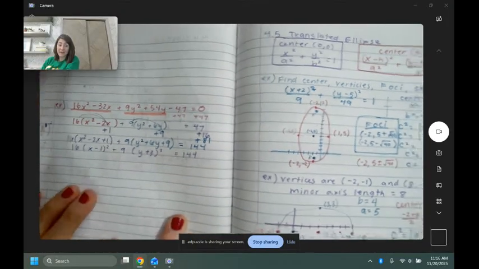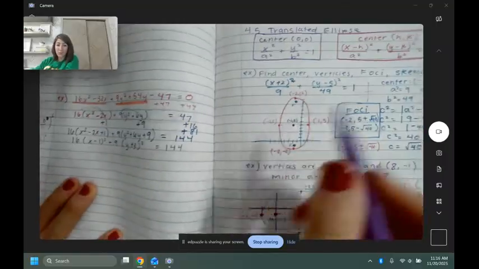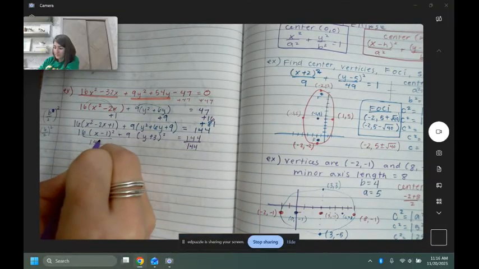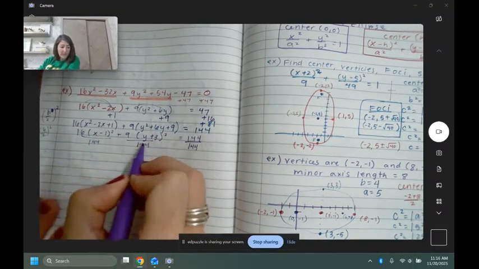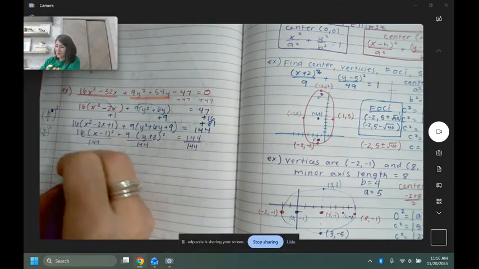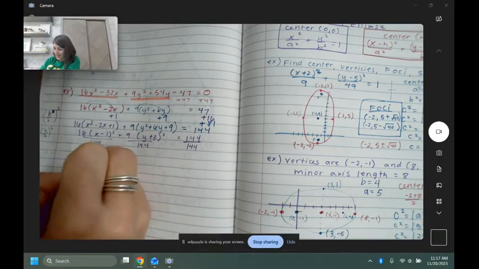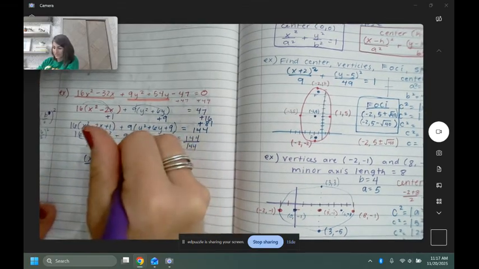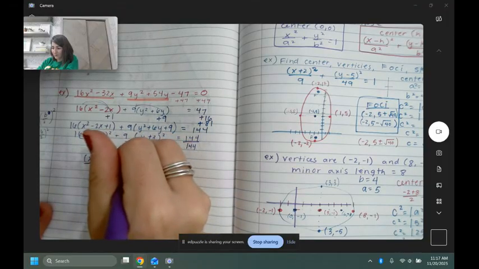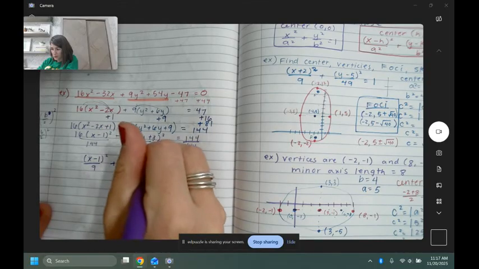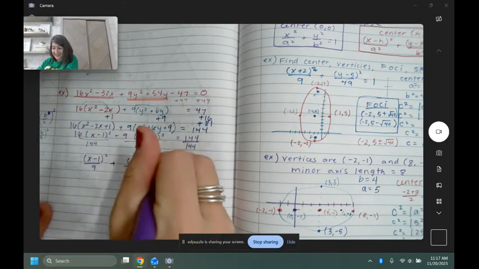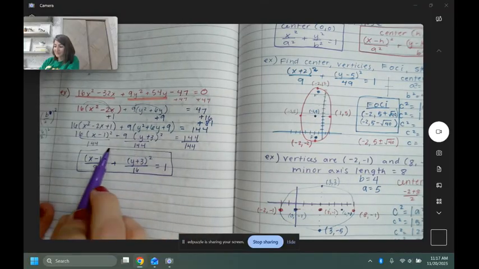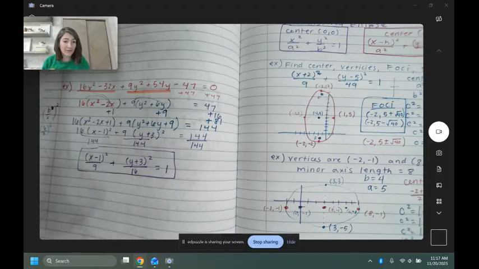Now, remember my ellipse equation has to be set equal to 1. So I'm going to divide everything by 144. 16 over 144 reduces to 1/9. And 9 over 144 reduces to 1/16, equals 1. So from here now I can get my center, my A, my B, and from there you can find your focus.